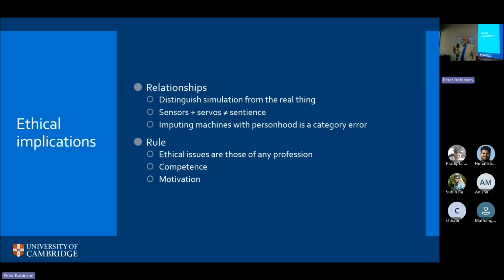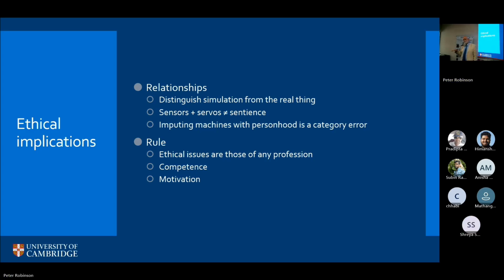And imputing machines with personhood, thinking of them as people, is a really bad idea. Actually, it comes down to what are humans for on the planet? Partly it's to have relationships, but also it's to rule. And actually, there are just clear ethical issues here. And they're the ethics that are common to any profession.